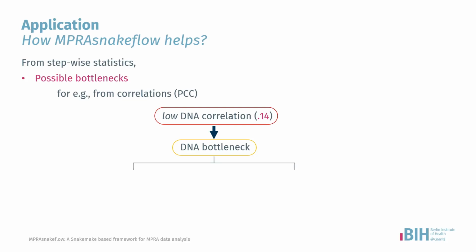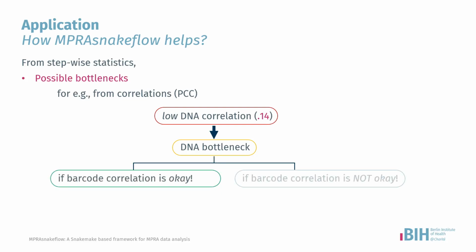Which is why we can go a step back and look at the barcode correlation, which can go either way. And let's say the barcode correlation is actually good at 0.88, which finally means that there's an issue in the DNA library preparation. Now that's helpful to an experimentalist, and this is how MPRAsnakeflow assists in understanding MPRA experiments better.